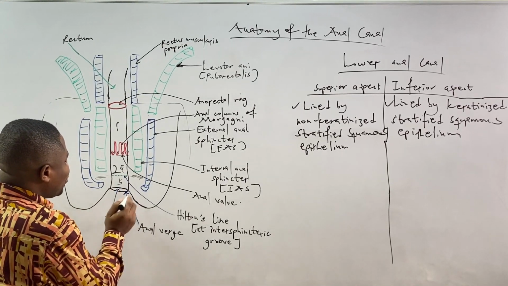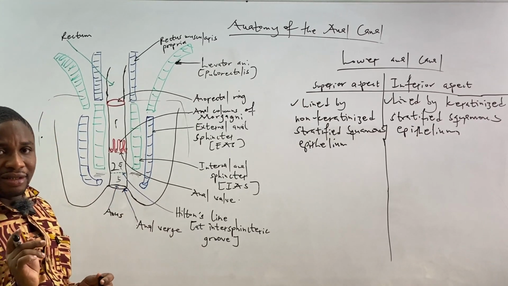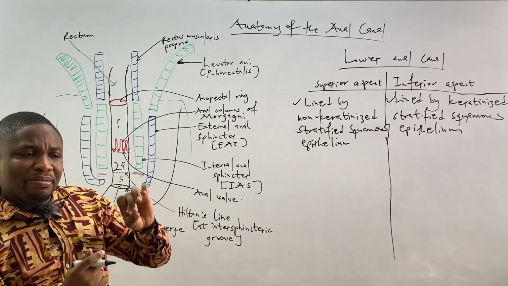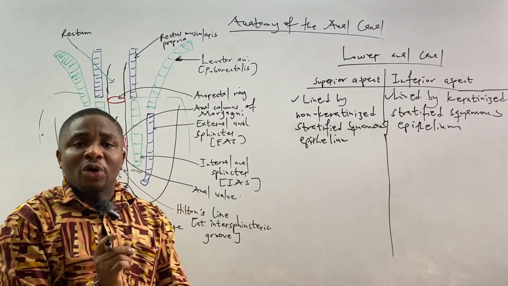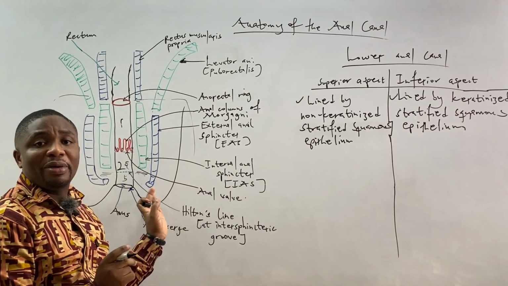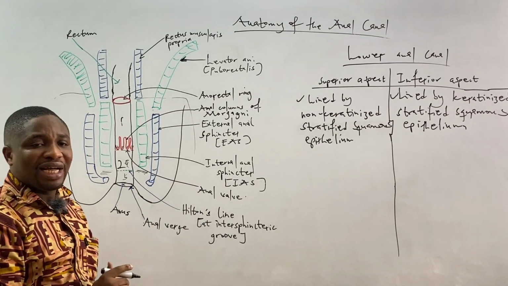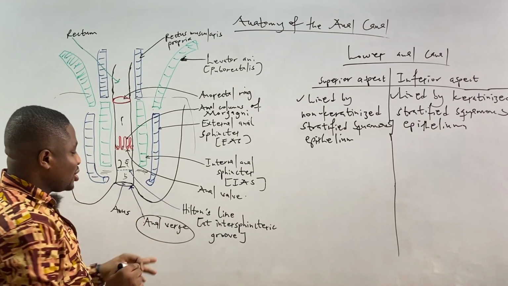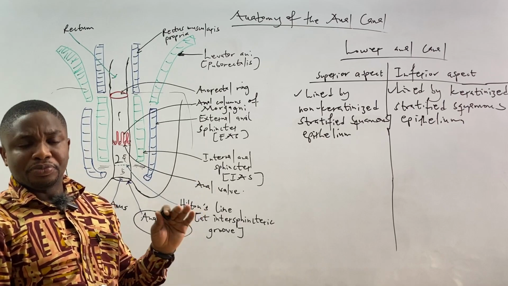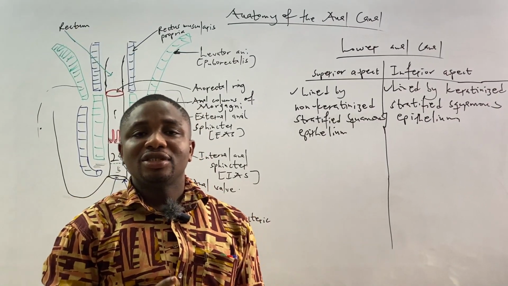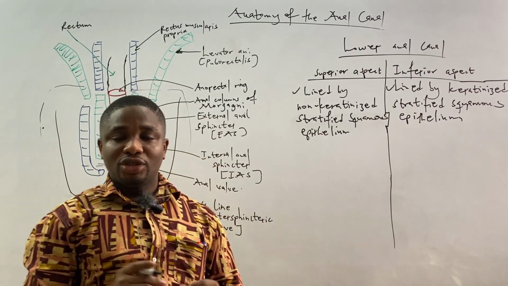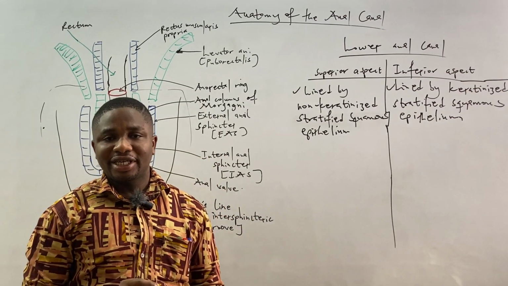And if you watch very carefully, that junction at which it transits from the mucosa of the inferior aspect of the lower anal canal into the anal skin or the perianal skin, we refer to that as the anal verge. So the anal verge is the transition zone, the keratinized stratified squamous epithelium into the anal skin.